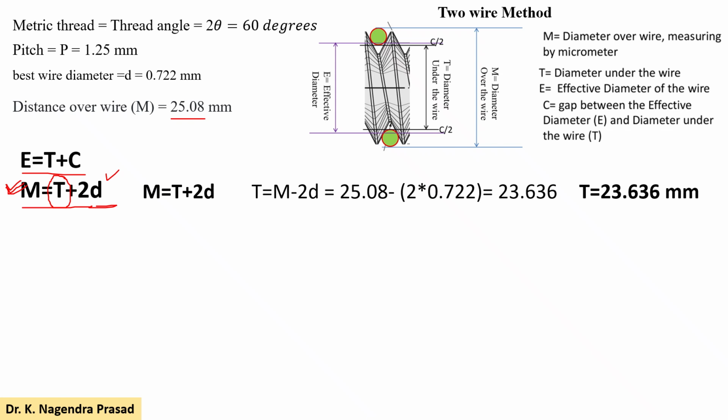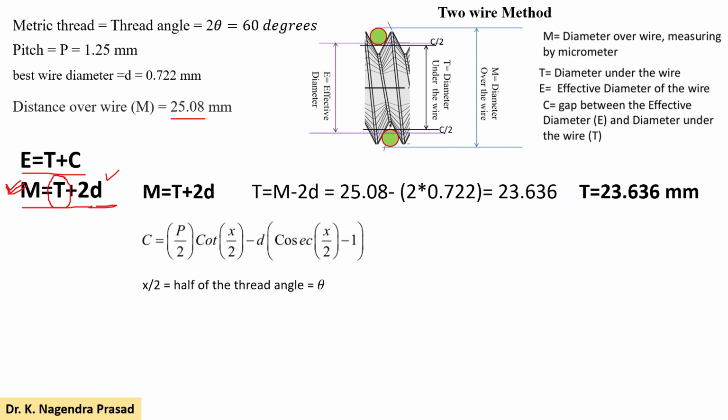So in the two-wire method, we know one more relation, that is capital C equals P by 2 into cot x by 2 minus small d into cosecant x by 2 minus 1. Here x by 2 is half of the thread angle, which we are considering theta.